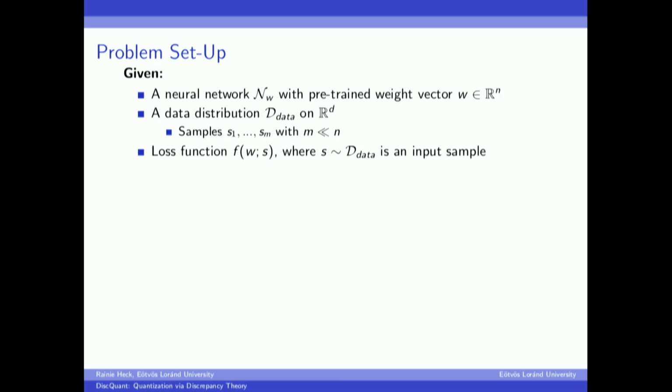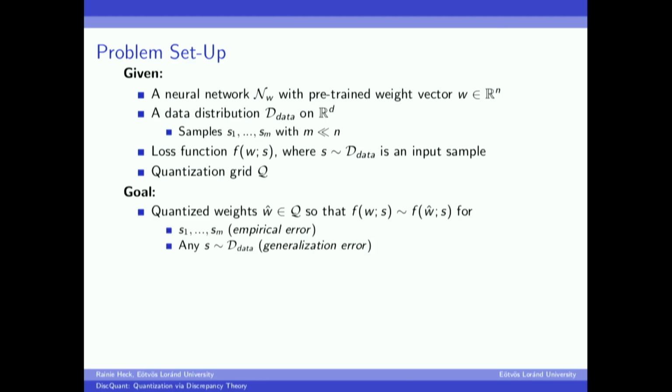We're given our loss function and quantization grid, which we'll keep fixed. And as I said, our algorithm will be agnostic to this grid. And our goal is going to be to find quantized weights in the grid so that the loss function remains unchanged, essentially for both the samples that were originally given and also in expectation for samples drawn from our data distribution.